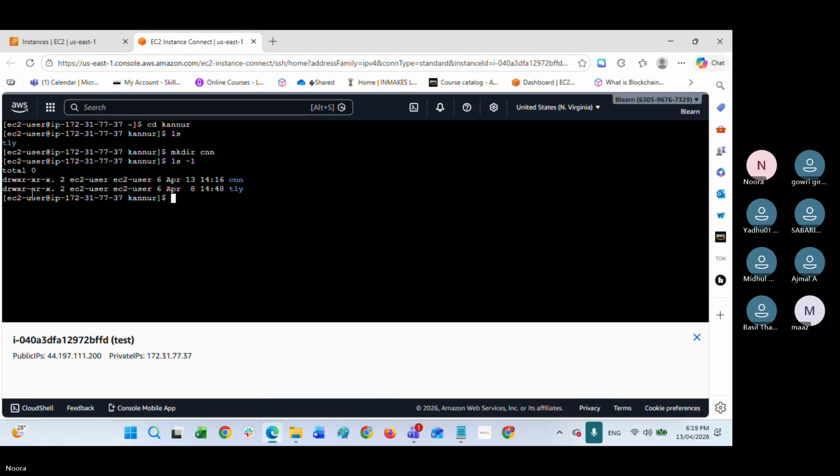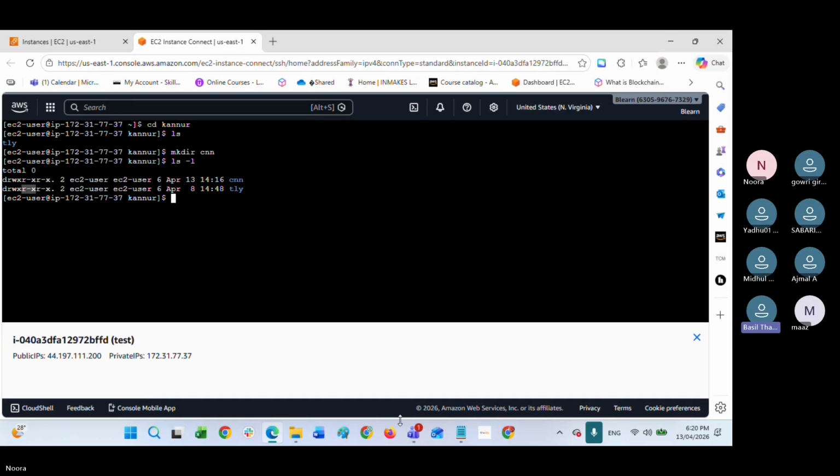Yes. So when you look at here, you can see R and X, right? Meaning that read and execute for which category? Can you tell me which category I'm pointing to? User, group or other? Group. Yeah.